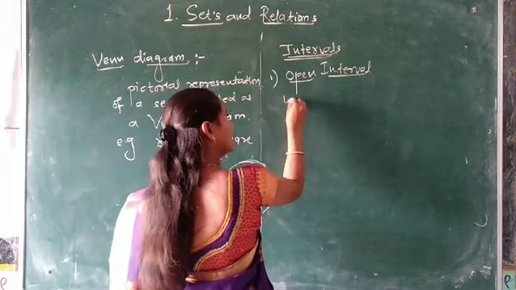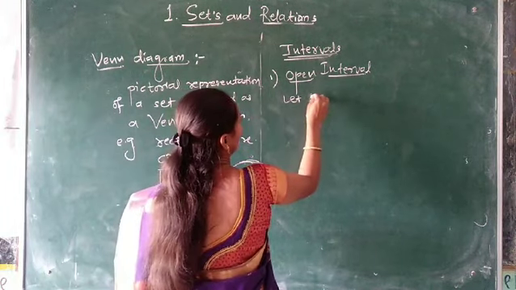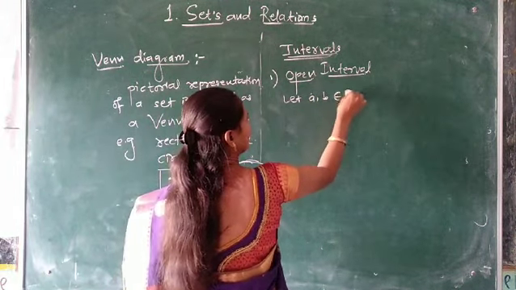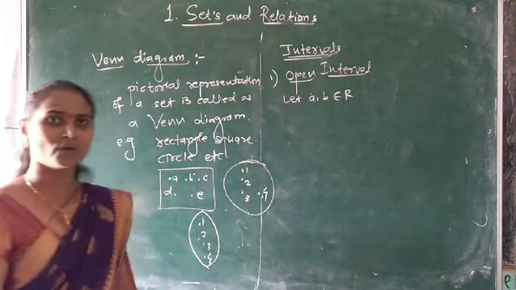Open interval. Let A, B belong to R. We take these two numbers A and B which belong to the real numbers.